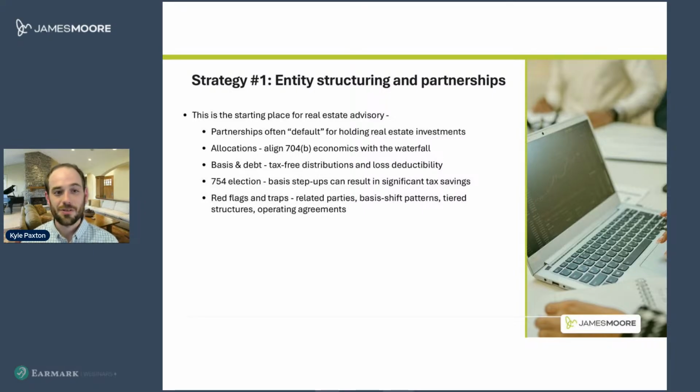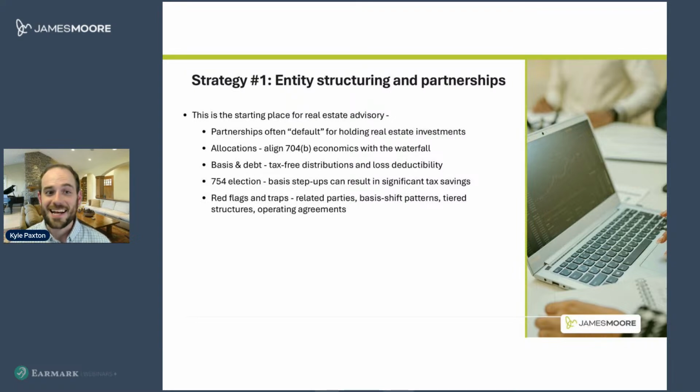Do the entities your real estate investments are in make sense? I'm a CPA here, I'm looking at it from the tax side, but from the financial side of things, does the entity structure you have set up around your real estate investments make sense to help accomplish your goals?